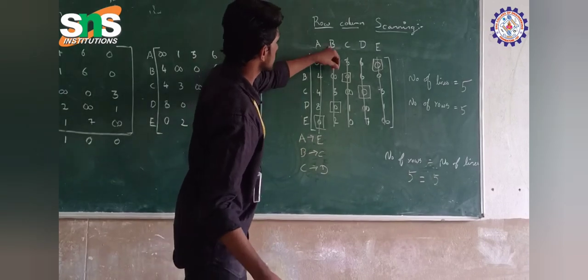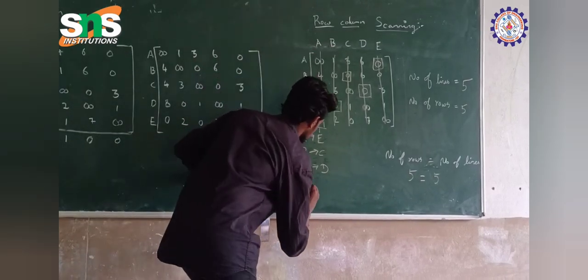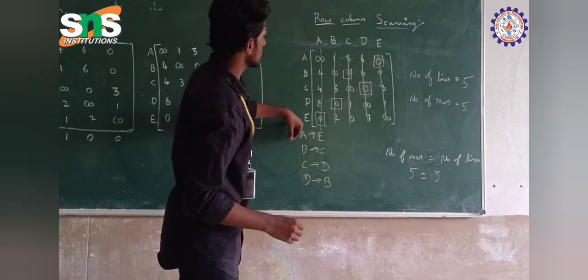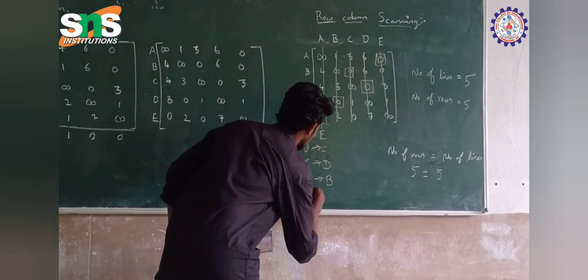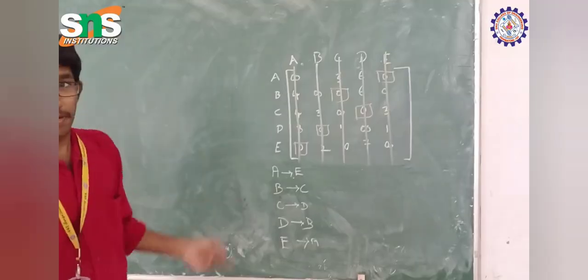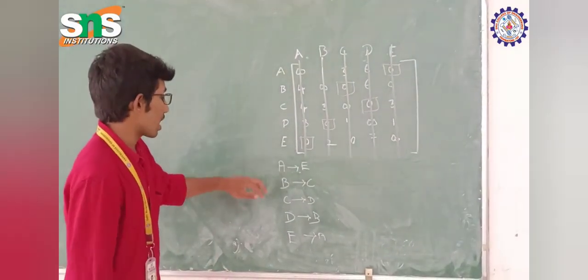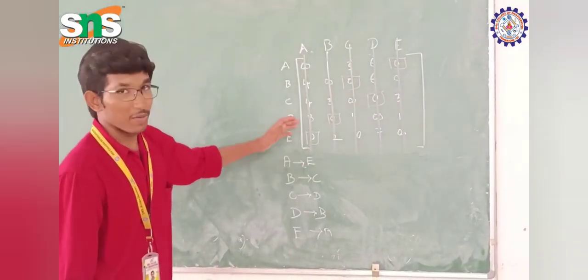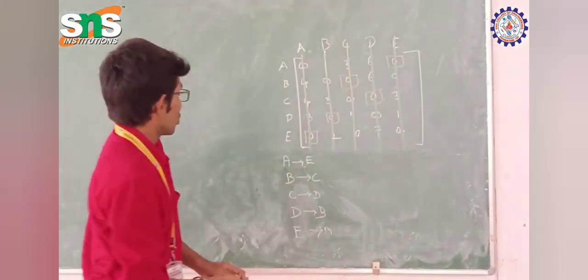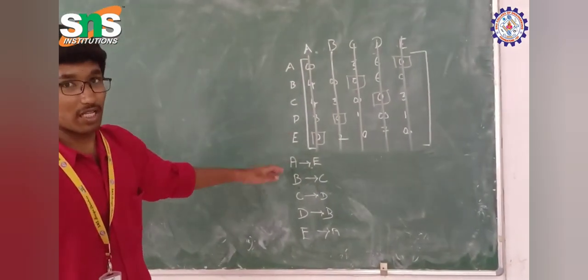Then D. D is B. Then E. E to A. In the previous step, the salesman travels A to E directly, but he must visit all the nodes. So this does not form a proper cycle.